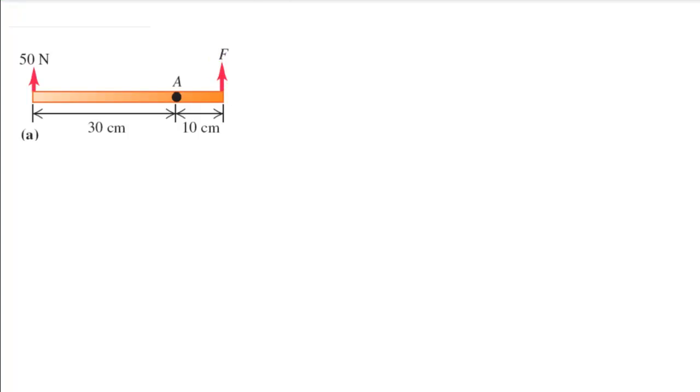Rotational equilibrium, remember, is when the sum of the torques around any point is equal to 0. For this problem, we're looking for the sum of the torques about point A. Technically it's not a point, it's an axis that goes through A, perpendicular to the screen, so into and out of the screen.